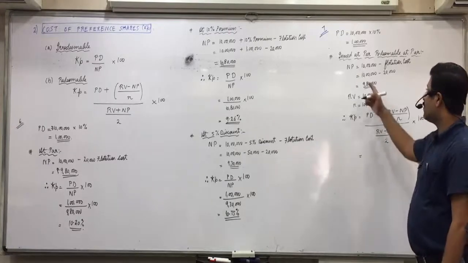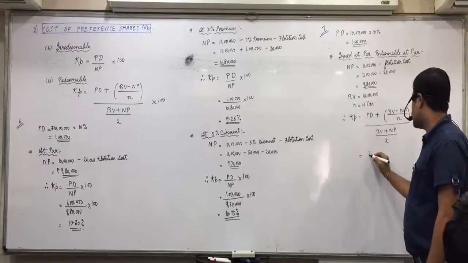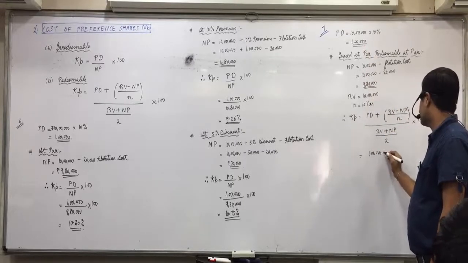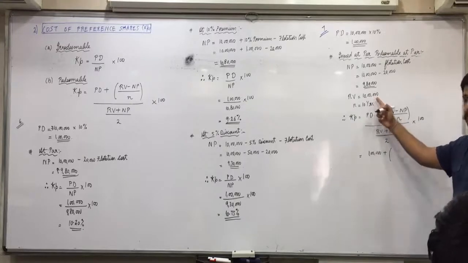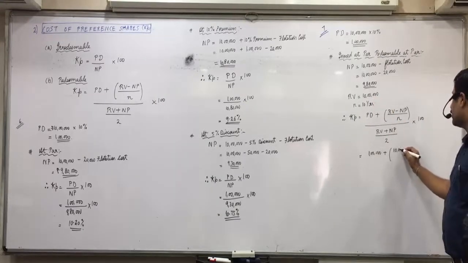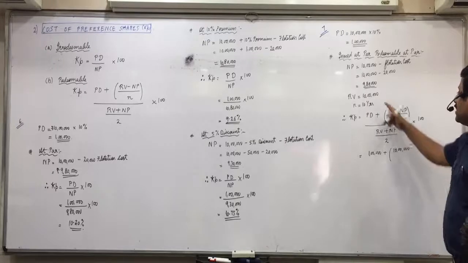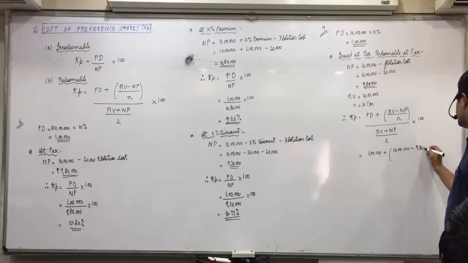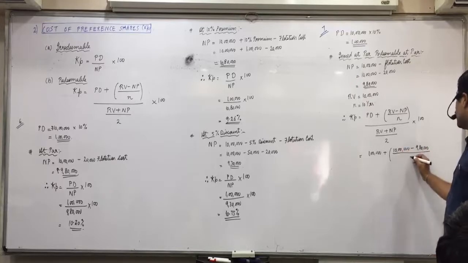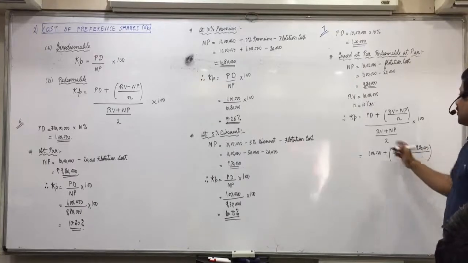1 lakh. Yes, the preference dividend we calculated at the top is 1 lakh, plus 10 lakhs, the redemption value we calculated, redeemable at par, minus 9,80,000, the net proceeds after the flotation cost, upon 10, the number of years of maturity.